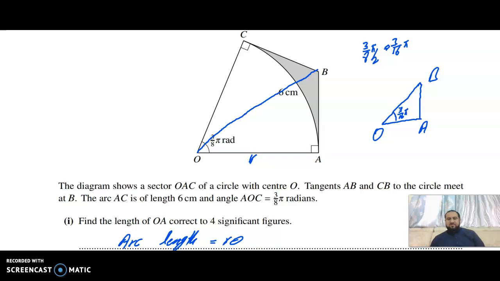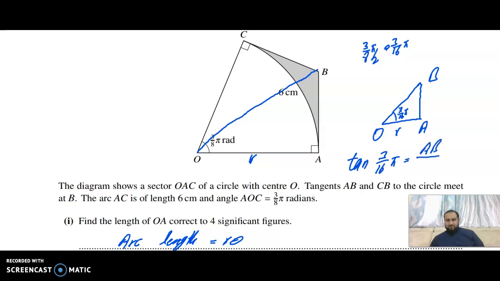And we are interested to find AB and we know r already, so we can use tan.